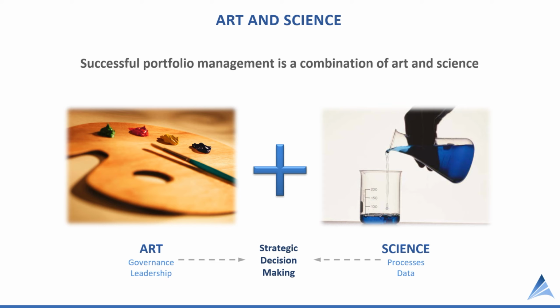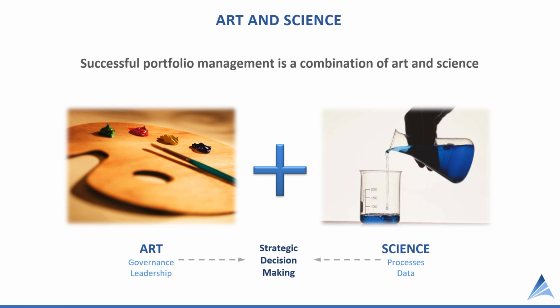And it's important to highlight that PPM is both an art and a science. Some organizations gravitate toward the science side, making it very data specific, very detailed process. When in reality, there's the balance with the art, which really is the people side of things, the governance, the leadership.